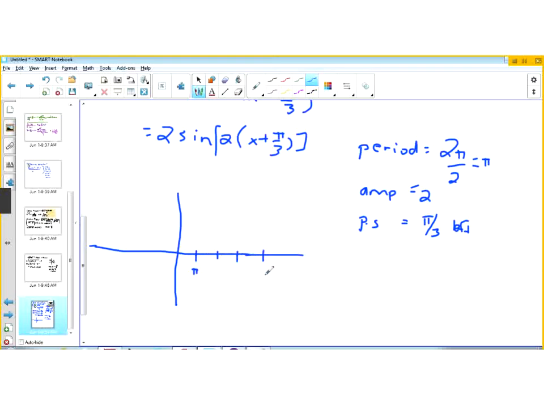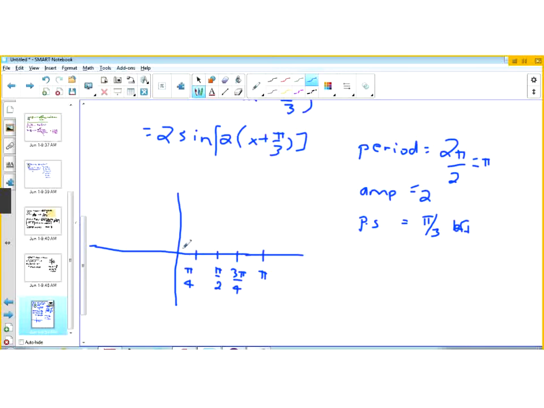We take the period pi and divide it into 4 equal length subintervals. So this would be pi halves, this would be 3 pi over 4, and this would be pi over 4.